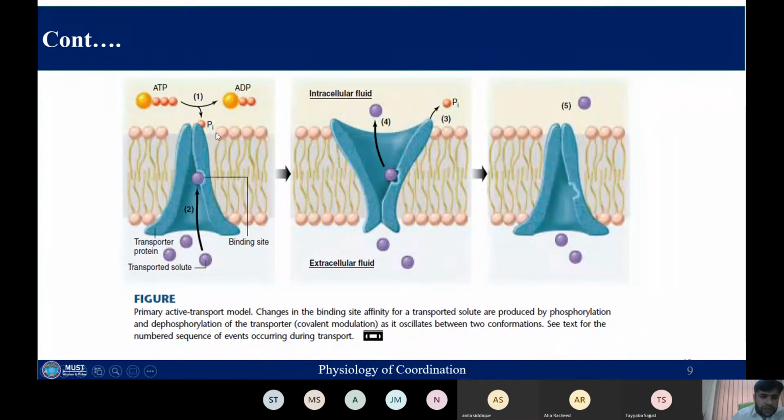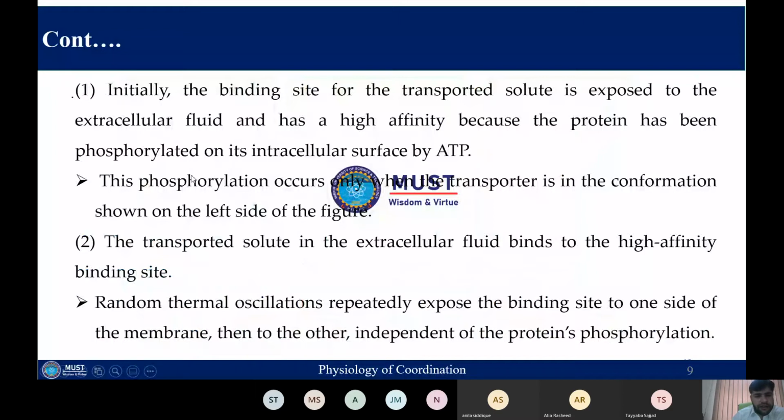Once the transporter protein on its intracellular side is phosphorylated with the inorganic phosphate as a result of hydrolysis of ATP, and this protein has ATPase activity, the affinity of this transporter protein for the transported solute will increase, and the solute will easily bind. So this is the first event: phosphorylation of the carrier protein increases its affinity.